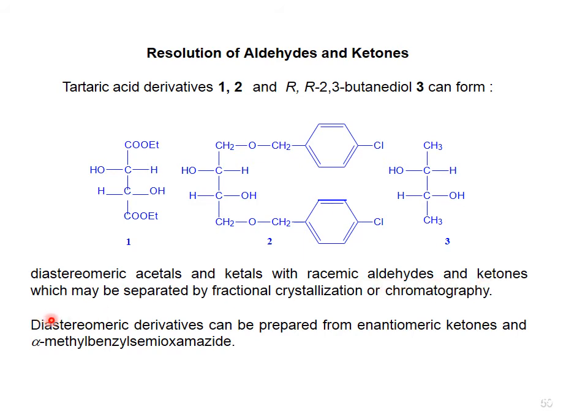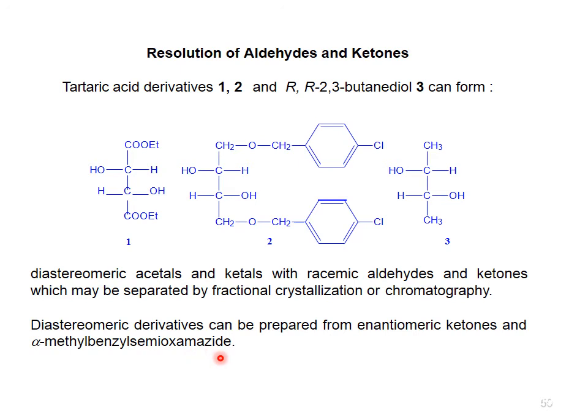We have discussed a lot about the resolving agents which are used for the resolution of primary and secondary amines, some alcohols, thiols, dithiols, phenols. If you have any question you can ask me. This is the whole discussion about the resolution of racemic modification. We have used some methods and we have discussed in detail about these methods.